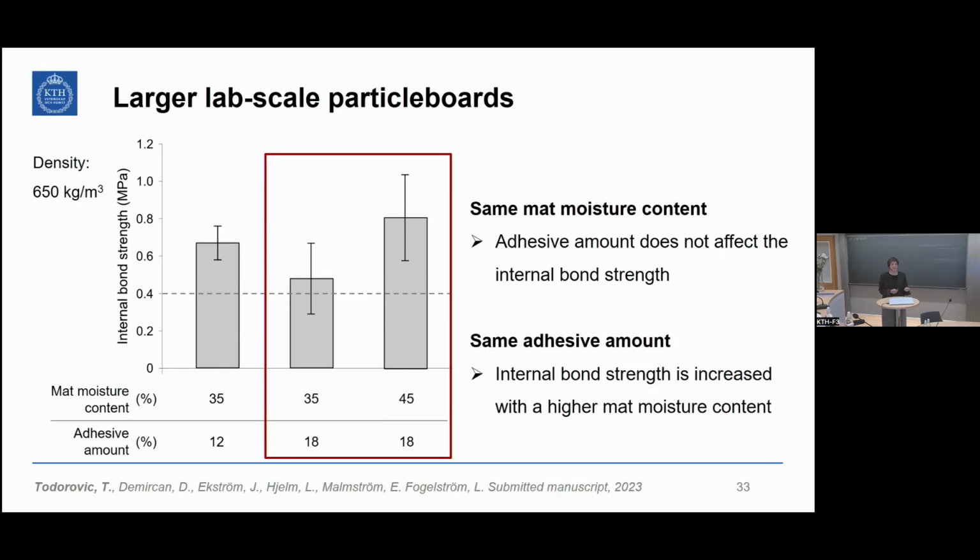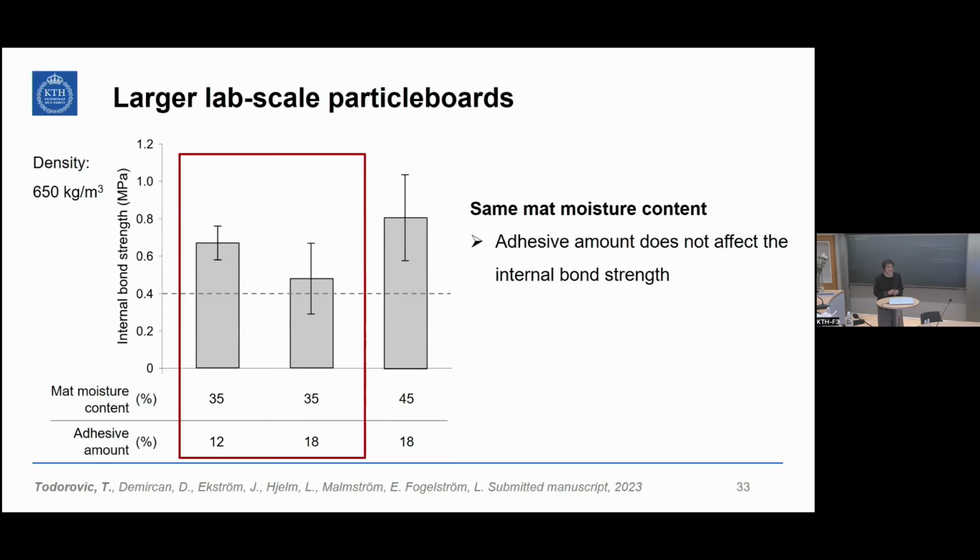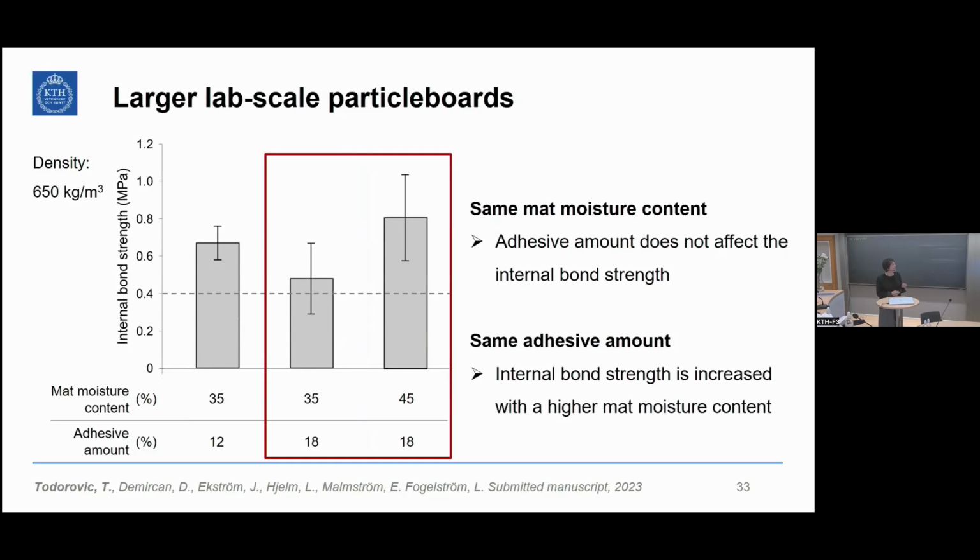This corroborated the hypothesis from before that hydration is very important. Also, I have to mention that in the previous part, when we have the same mat moisture content, the difference in the average bond strength is high, but because of the standard deviation, this difference was not statistically significant.